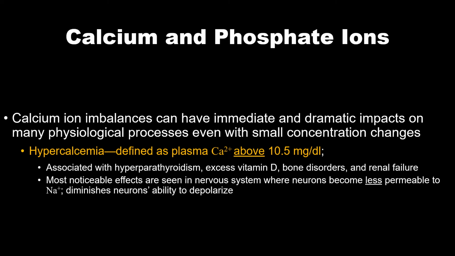And we start with hypercalcemia, which is defined as a plasma concentration of calcium ions above 10.5 milligrams per deciliter. This is typically due to hyperparathyroidism, but may also be caused by certain cancers, excess vitamin D, certain bone disorders, or renal failure. And hypercalcemia has wide-ranging effects on multiple organ systems.